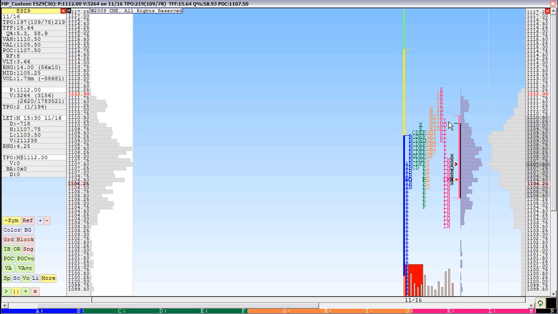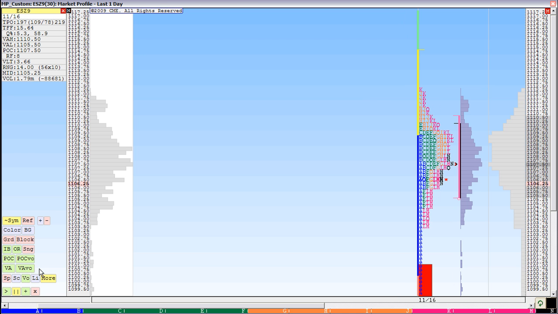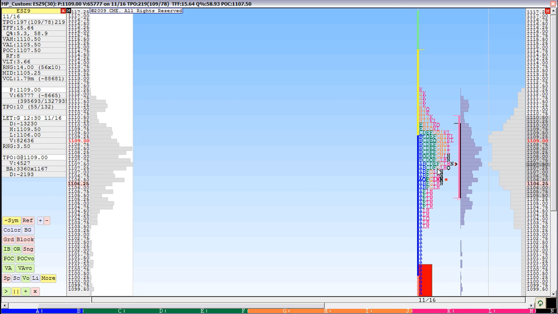L couldn't push higher, so we failed there. That was the point that turned the market. And if you look at that distribution prior to that, if you strip off all these pink letters, which is the last hour and a half of trading, you'll see that we were heading for a bit of a P distribution. There was nothing down here.